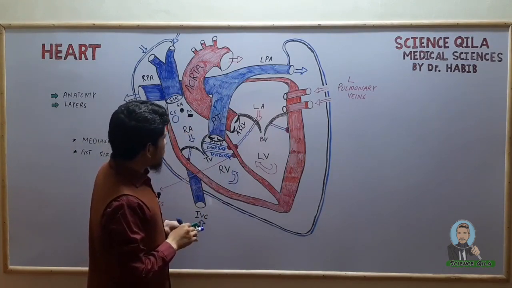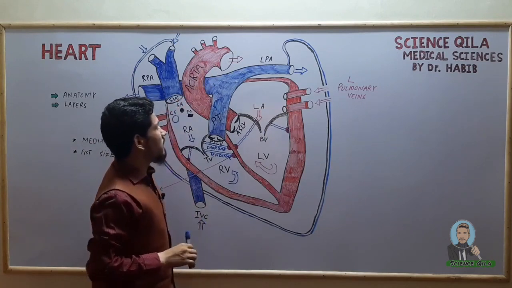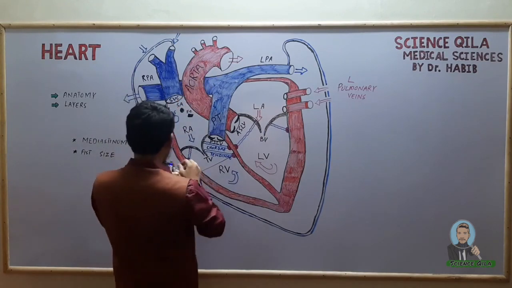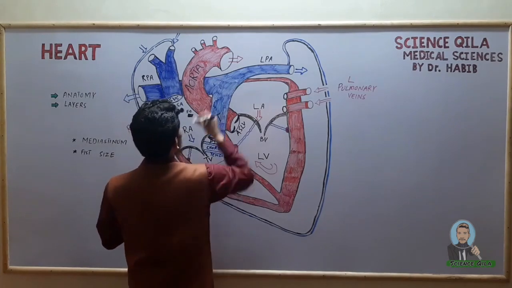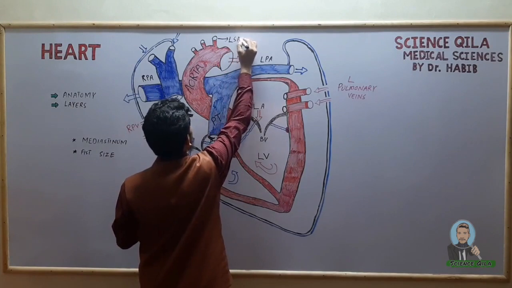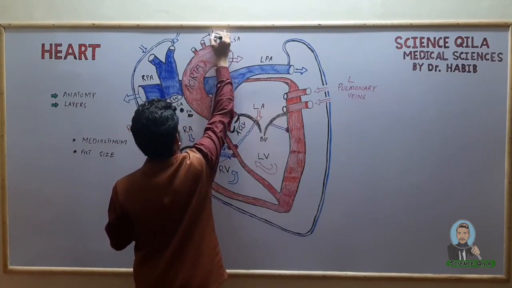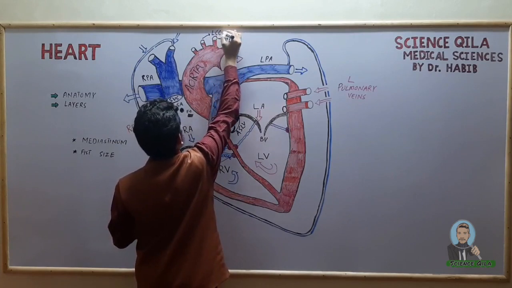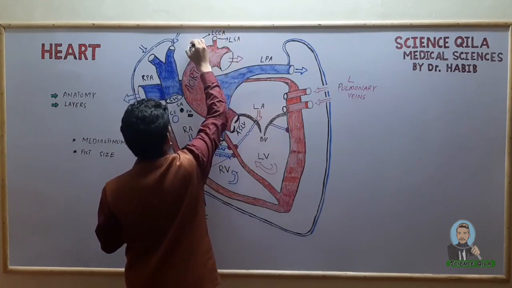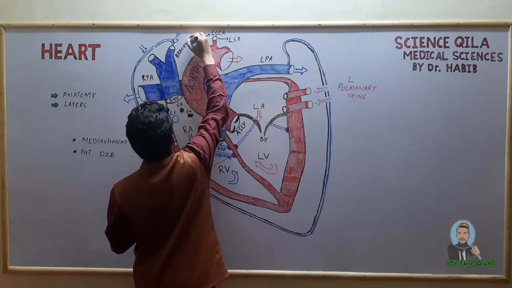Here are 3 very important blood vessels arising from the aorta. The first one over here is called the left subclavian artery, the second one over here is called the left common carotid artery, and the third one over here is called the brachiocephalic.